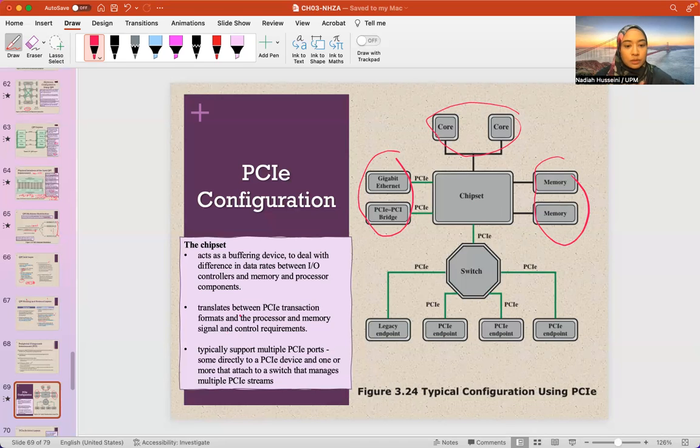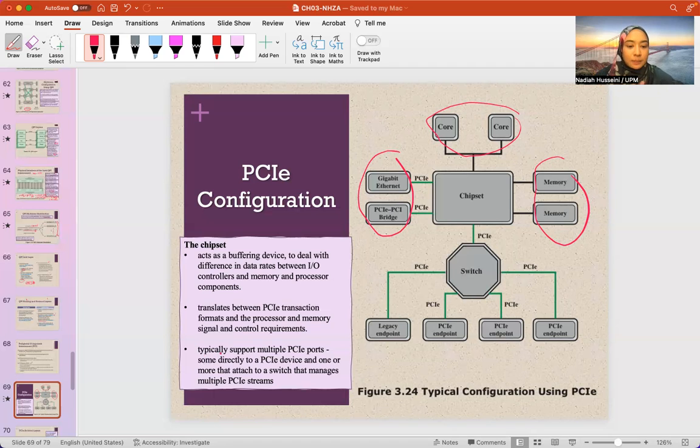The chipset also translates between the PCI Express transaction formats and the processor memory signal and control requirements. Like I said before, the core and the memory may talk in different languages, and the devices connected to the PCI Express talk in different formats and different lengths. So the chipset helps to synchronize or translate that.